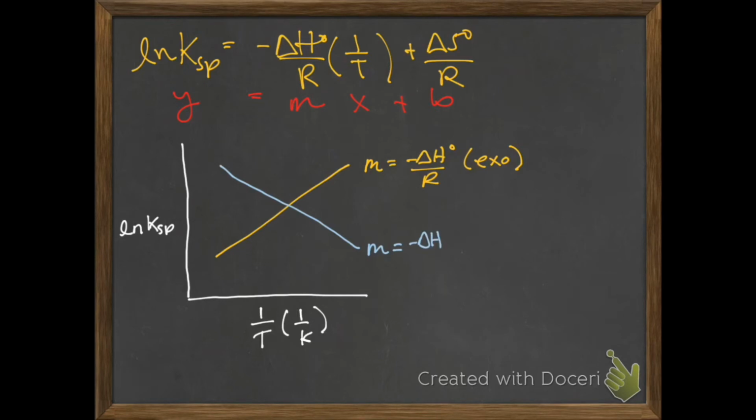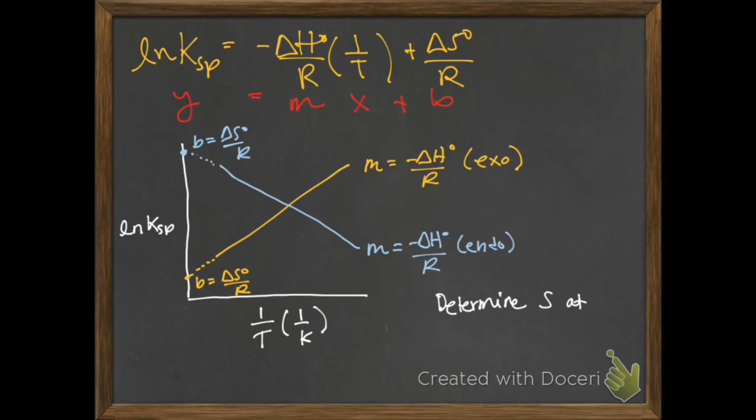So here, a negative slope, the slope equals negative ΔH° over R, this would be an endothermic reaction, because a negative times a positive ΔH gives us a negative slope. In each case, the y-intercept is equal to ΔS° over R. So from the equation, we can see that b, the y-intercept, is ΔS° over R. So if we have a graph and we are able to get the slope and the y-intercept, we can solve for ΔH° and ΔS°.